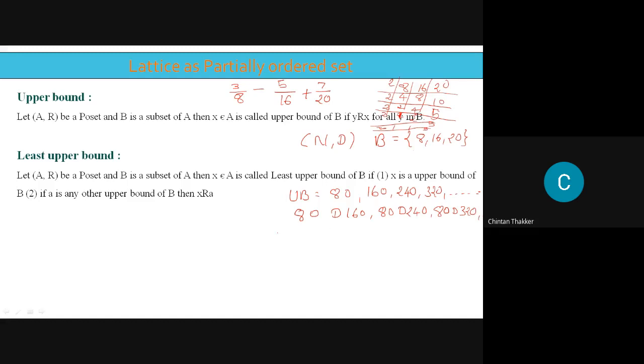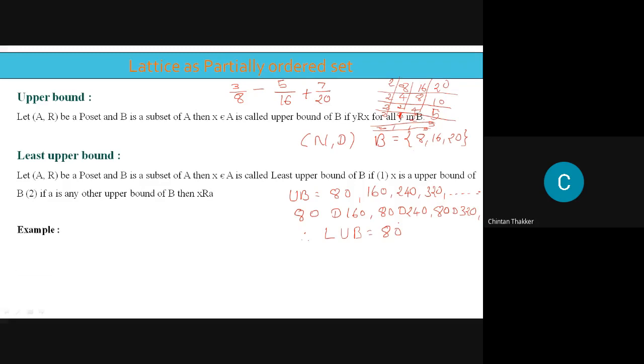So therefore the least upper bound is 80. Okay, the least number from the upper bounds is 80.